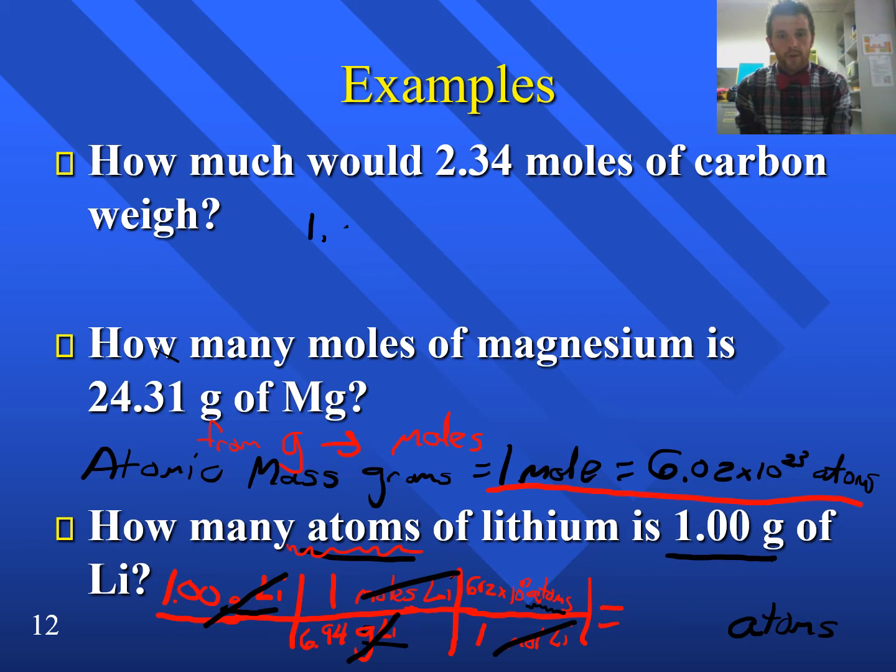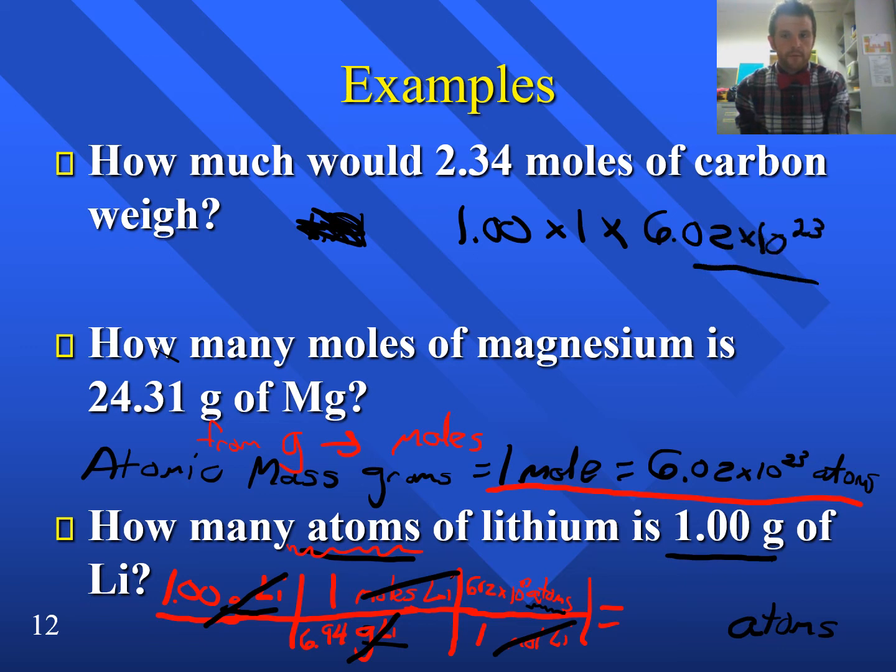I would have 1 times 1, sorry, 1.00, that's important, times 6.02 times 10 to the 23 divided by 6.94 times 1.